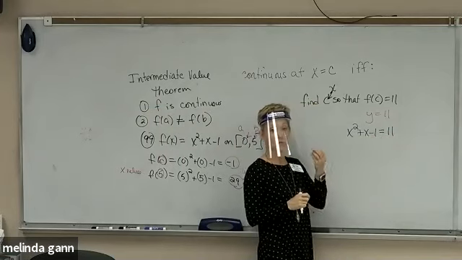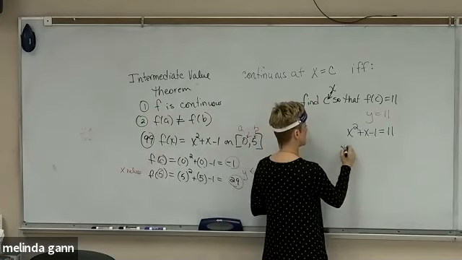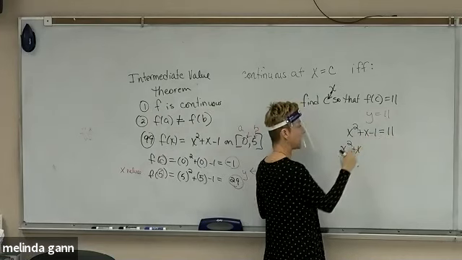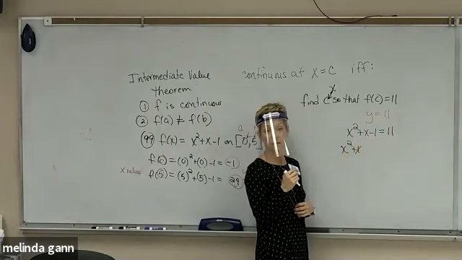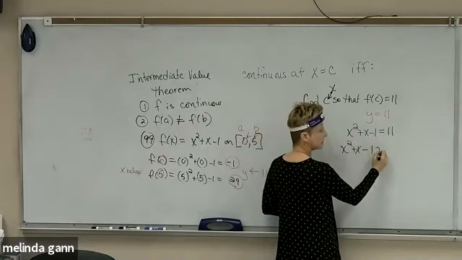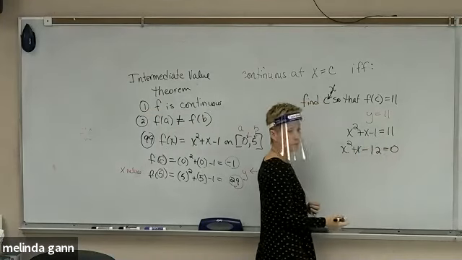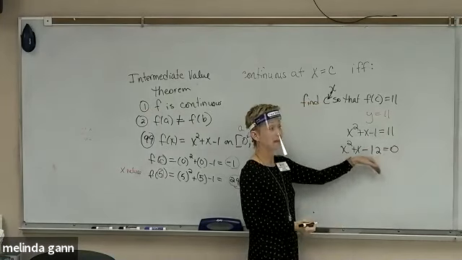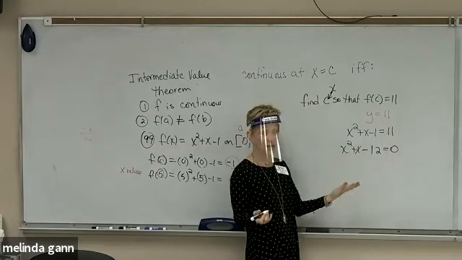Don't we pull everything to one side? So that's going to be x squared plus x, and minus 1 minus 11 more is minus 12. Now, remember, these are much easier. Quadratic inequalities, you have to use a split point table. But quadratic equations, I can just factor and I'm set.